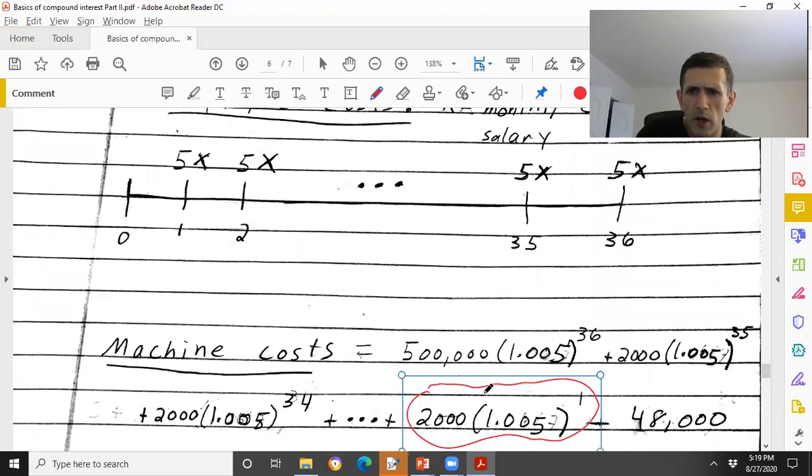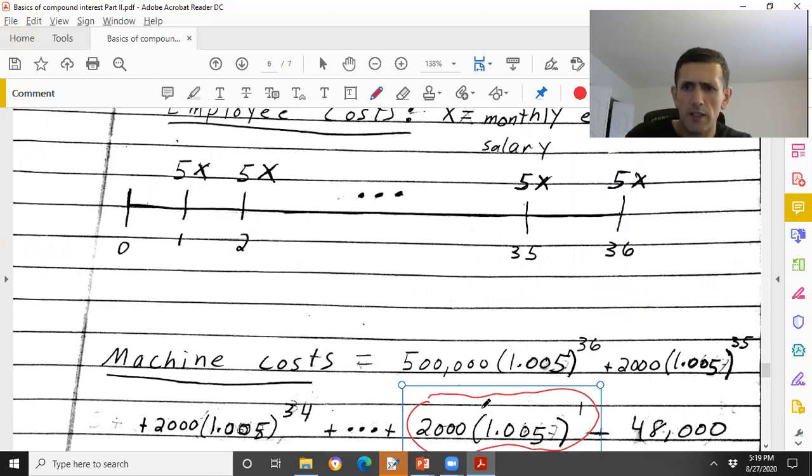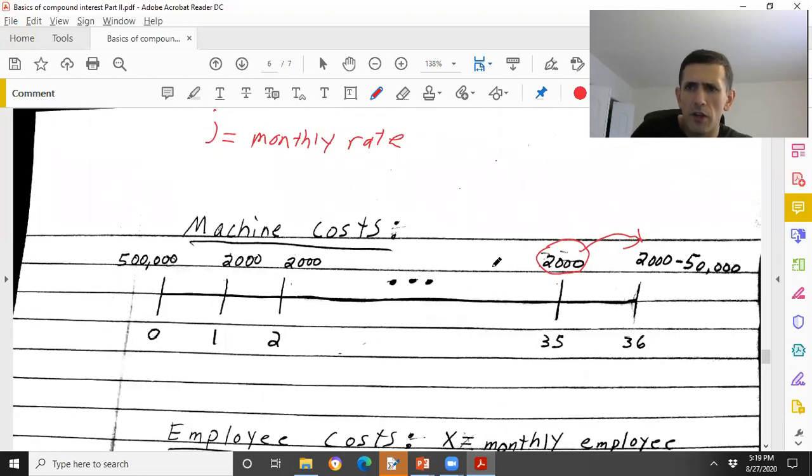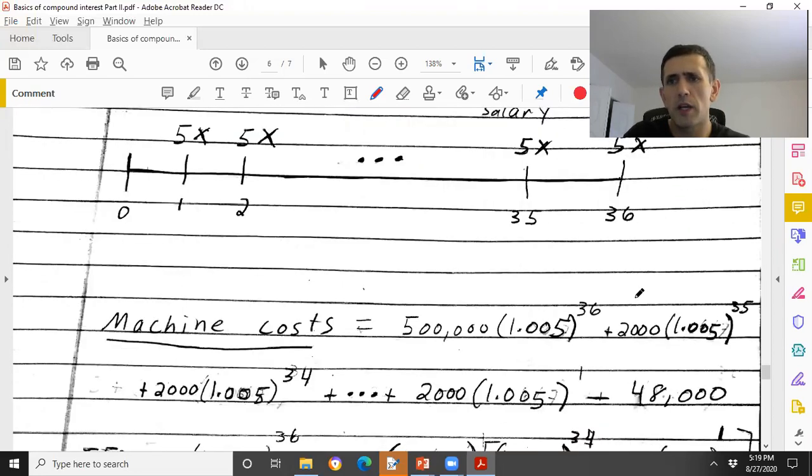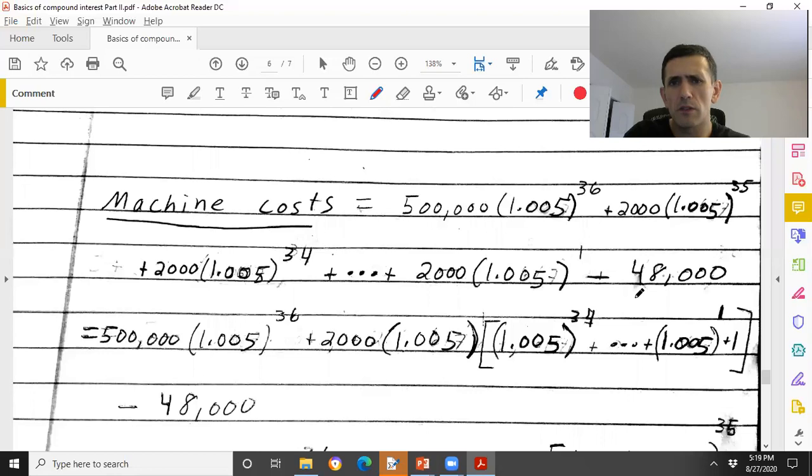Okay. What I just circled here is exactly how much this is worth at the end of the last month. And last but not least, we have the 48,000 here. There's 2,000 minus 50,000. That accrues no interest. So it's minus 48,000.